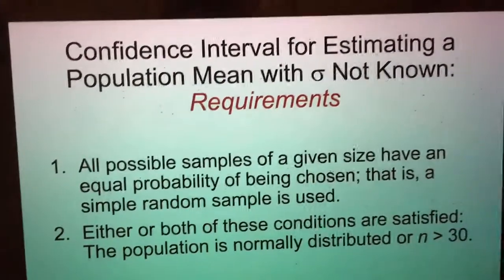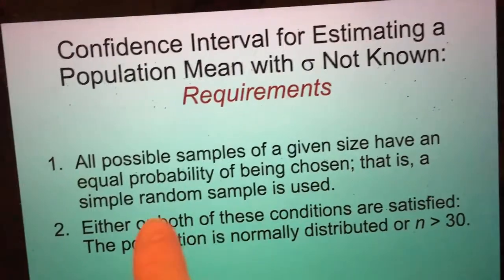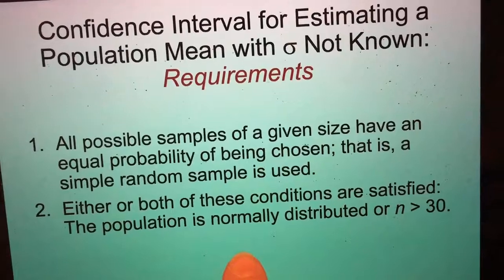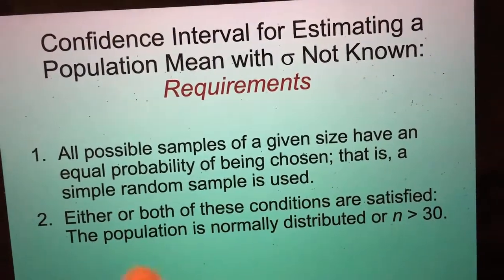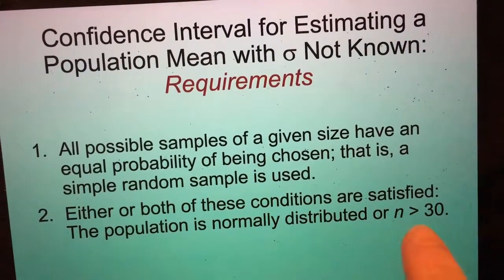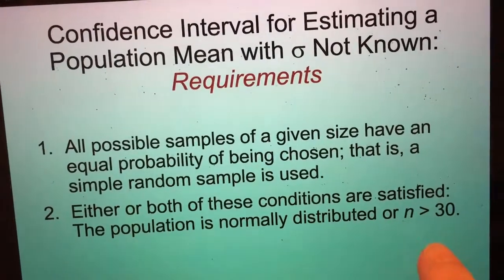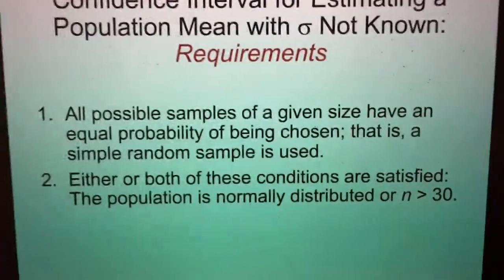Confidence interval for estimating. Here are the requirements. All possible samples of a given size have an equal probability of being chosen. That is, a simple random sample is used. Either or both of these conditions are satisfied: the population is normally distributed, or n is greater than 30. Either one of those being satisfied is going to allow you to use this method.